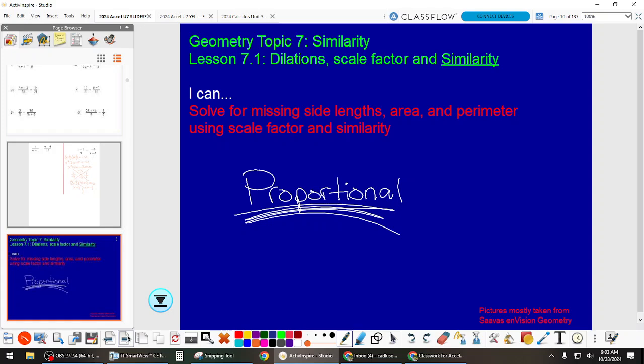So by that definition, that was the easy stuff. Guys, we just focused on solving. The bigger issue in this unit is setting up the proportions correctly. Okay? So that's kind of where we're headed next.